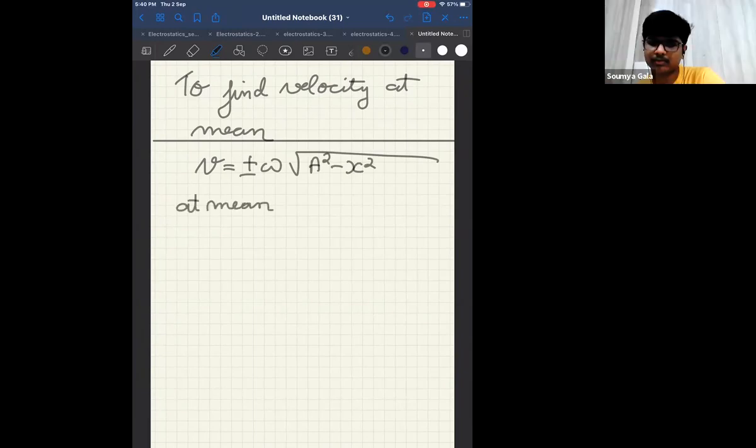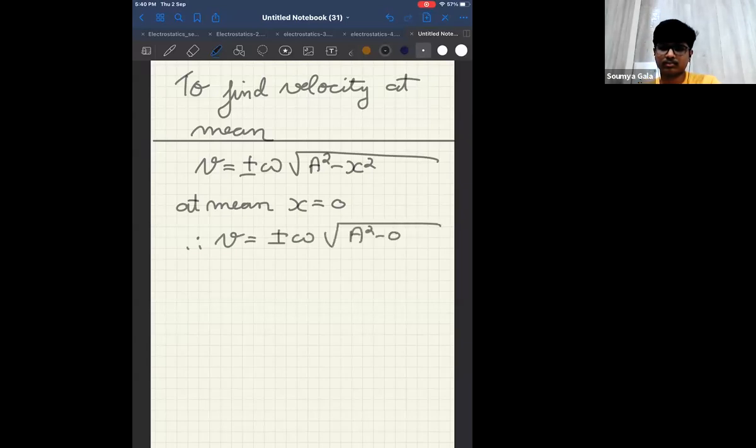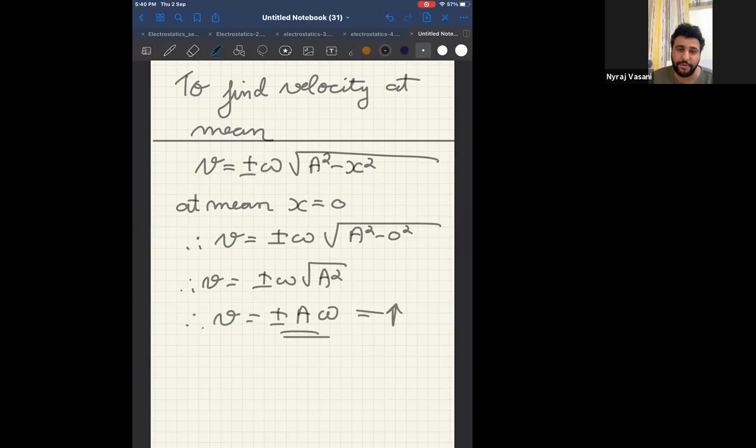X is 0. I anyway knew it was maximum at mean.